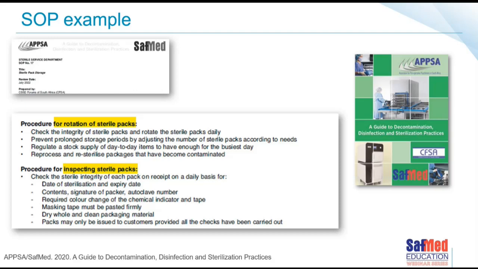Check the sterile integrity of each pack on receipt and on a daily basis. So these items should not get into the sterile store if they were torn to begin with. You need to be checking them, of course.